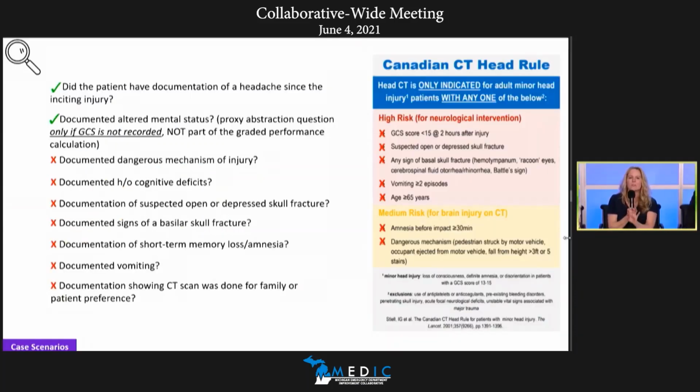I'd like to make some very specific points on this particular one, because again, this is also a very common scenario that we see frequently in the charting. Of course we have all the negatives below, and you'll see I put the two top positives the way we would document. He did report a headache, and we do have altered mental status.